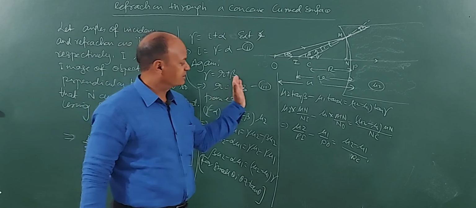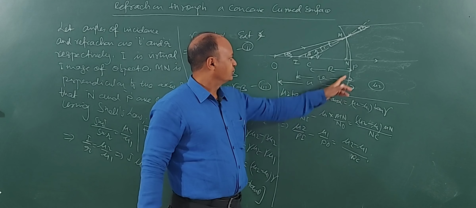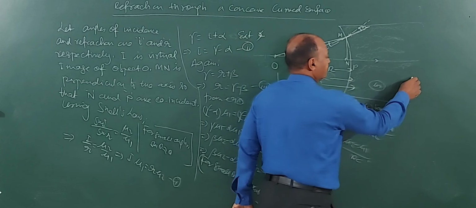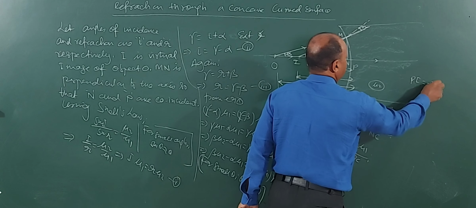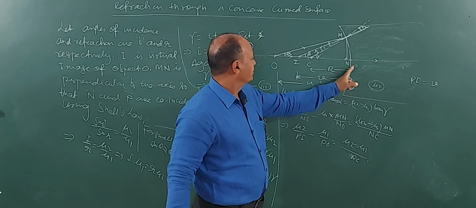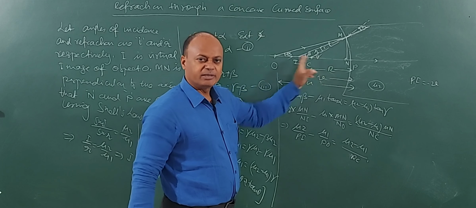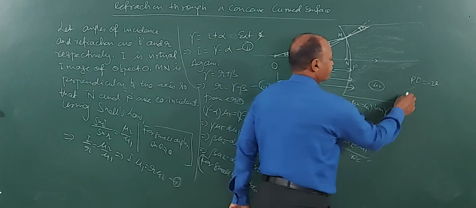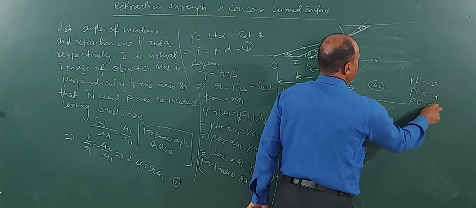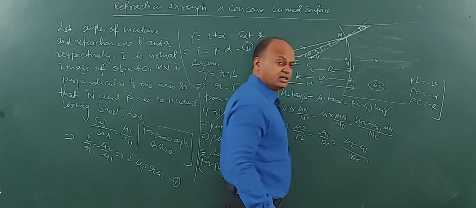On the left. For example, PI is equal to how much? Minus v. Let us write down here, PI is equal to minus v. Next is PO. PO is on the left, that is equal to how much? Minus u. And similarly PC is equal to minus r. All these quantities are negative.